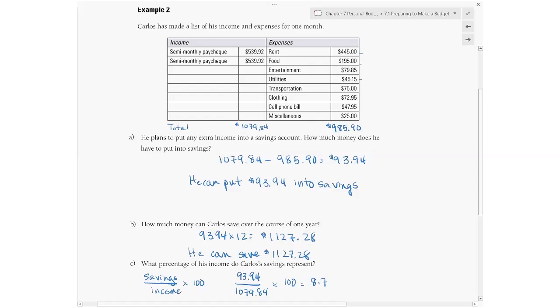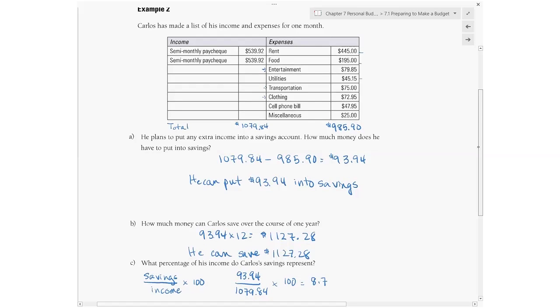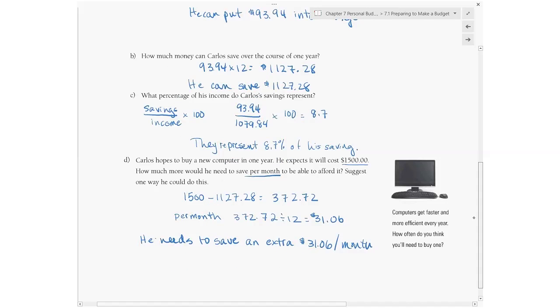So he might be able to save some money there. Clothing, does he need to spend $72.95 a month on clothing? Maybe not. Cell phone bill, well, that's probably not going to get much less than that. He could save a little bit there. And then he's got these miscellaneous expenses. I would probably focus on entertainment, maybe clothing, maybe transportation. Again, we're just going to suggest one way he could do this.